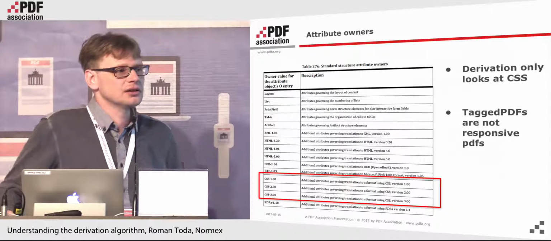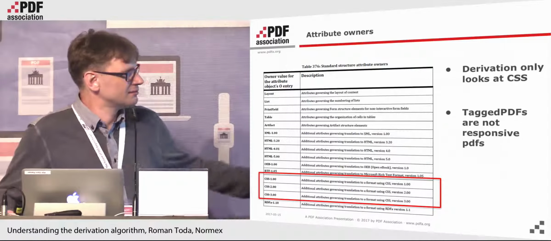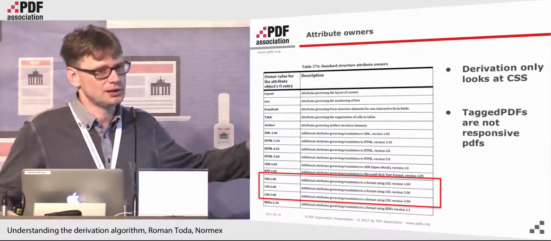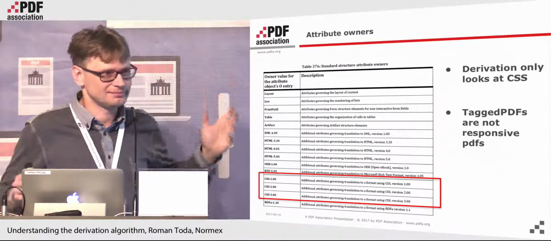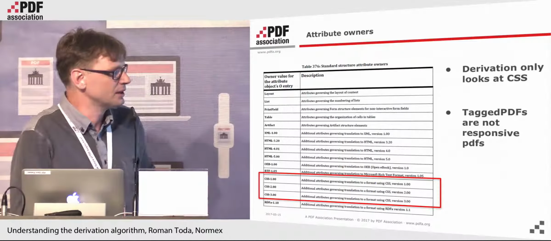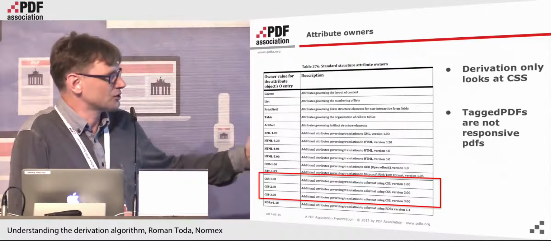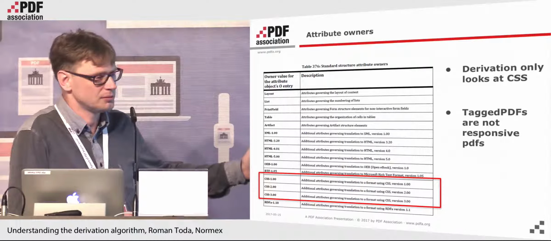The creators of ISO 32000-2 came up with a lot more. We can call it namespaces if you wanted to, although namespaces are used for different things in PDF. But all those attribute owners are familiar to us from the HTML world.